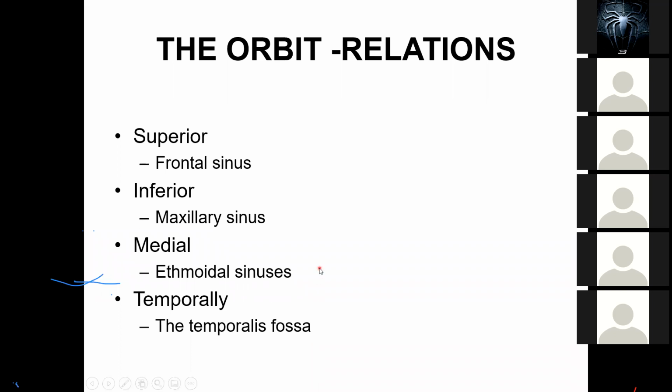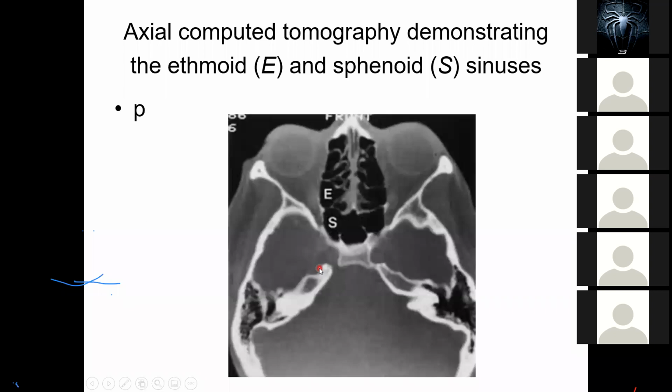Okay. So now this is a CT scan that is demonstrating the orbit. I'm sure you can all see the globe, or the eyeball, here. This is one here, and there's another one here. Now, as in the diagram that I showed earlier, you realize that the medial walls of the orbit are almost parallel.